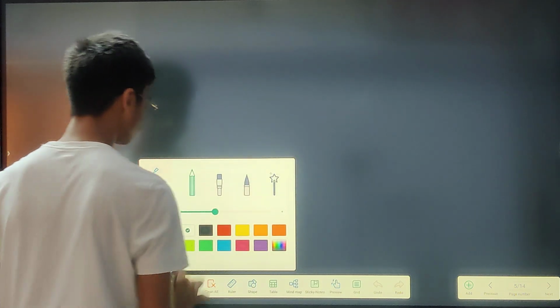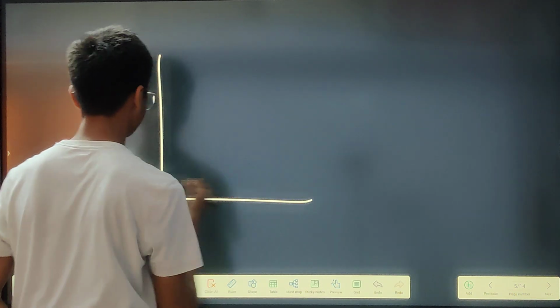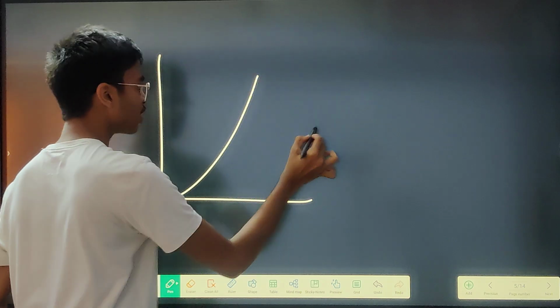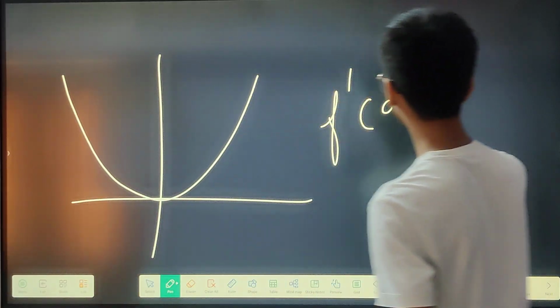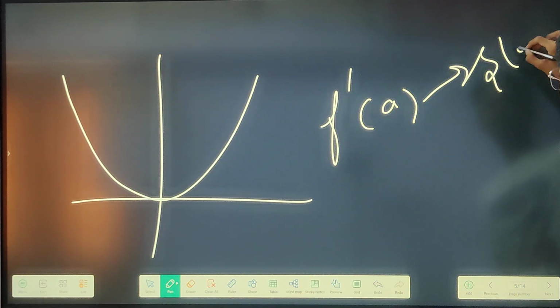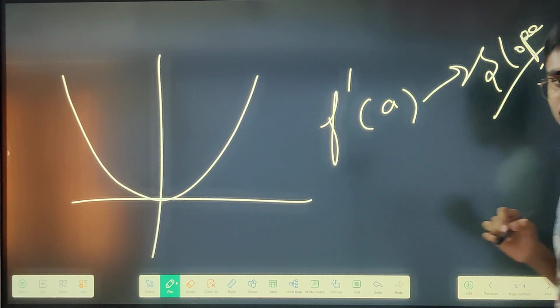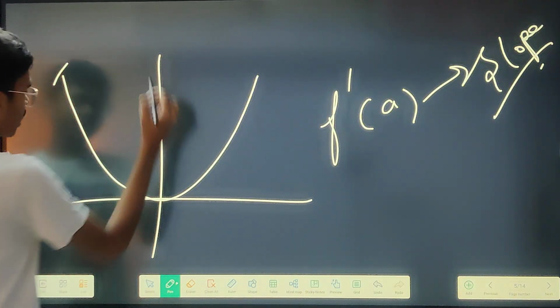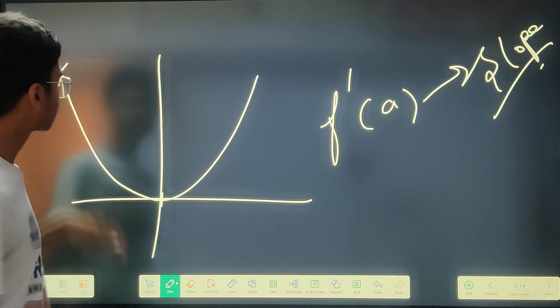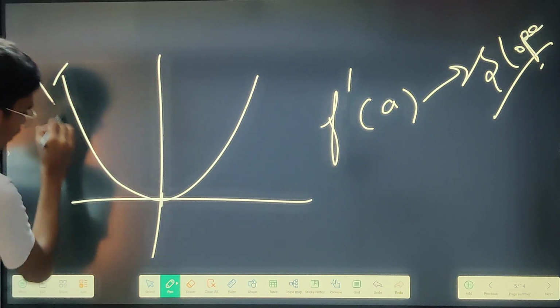Why is that so? You just take a graph. What is f dash a? This is the slope, which we have already discussed. You just take this part and neglect this part. So the slope for this graph is going to be like this.